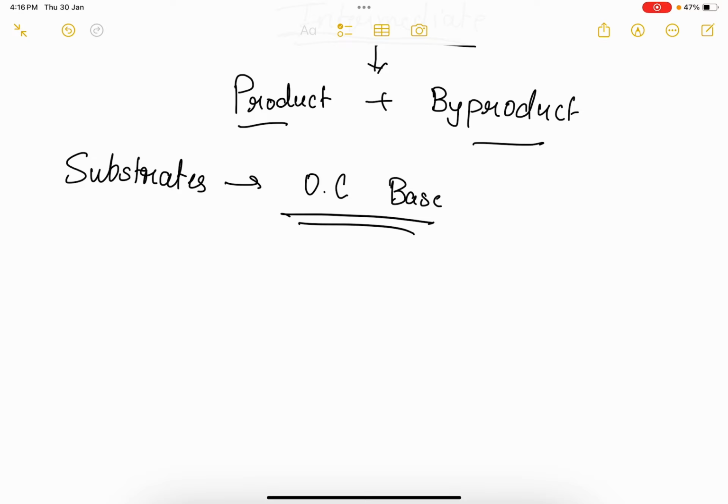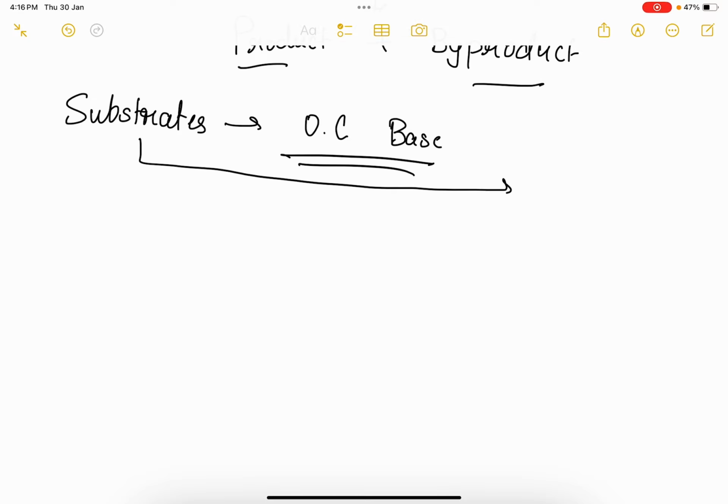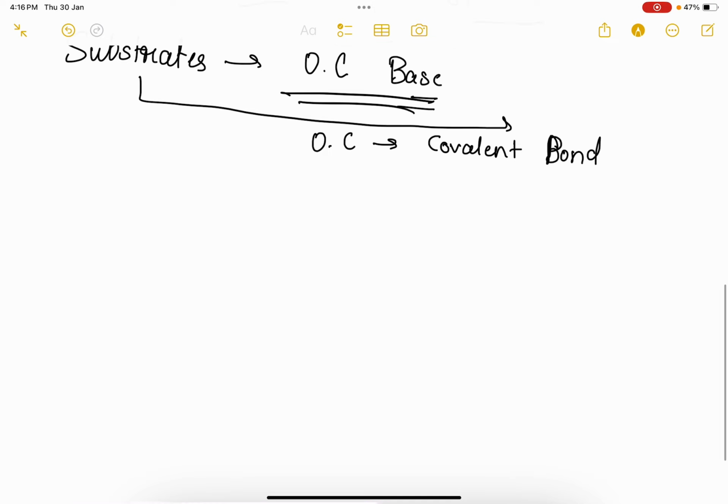Substrate is an organic compound, and you know that an organic compound consists of covalent bonds, which means in a substrate there should be a covalent bond.